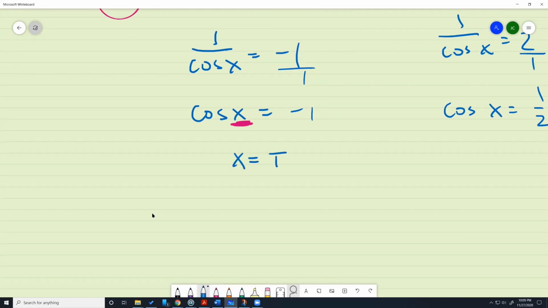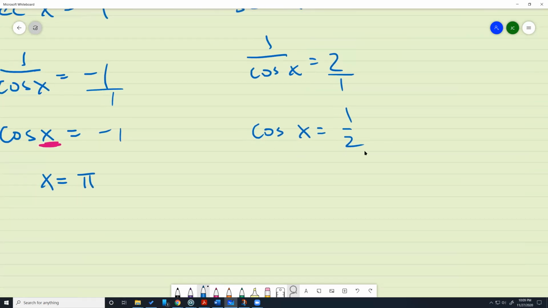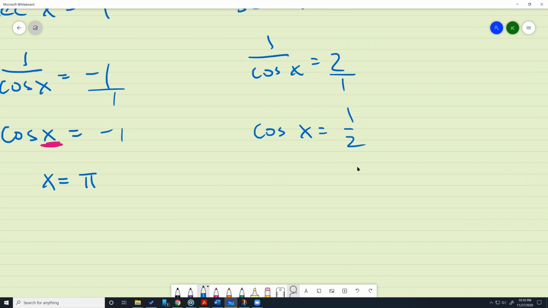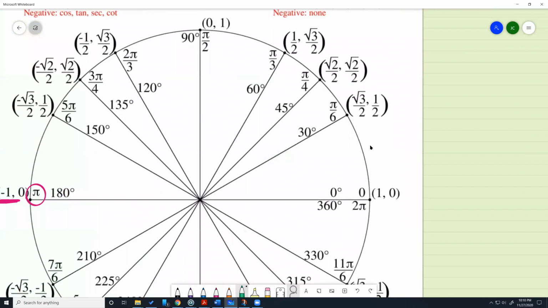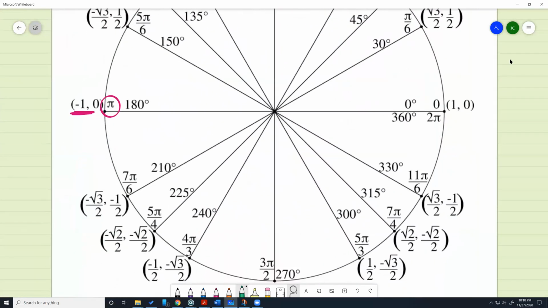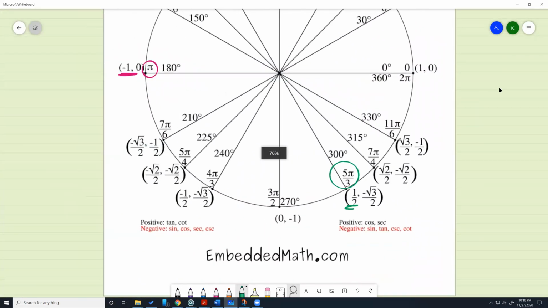x equals pi. On the other hand, cosine x is 1/2 means we want the angle for cosine to give the value 1/2. Remember, this is the x coordinate on the unit circle. So let's take a look. It looks like those angles are going to be pi over 3, where x is 1/2, and 5 pi over 3, where x is also equal to 1/2.